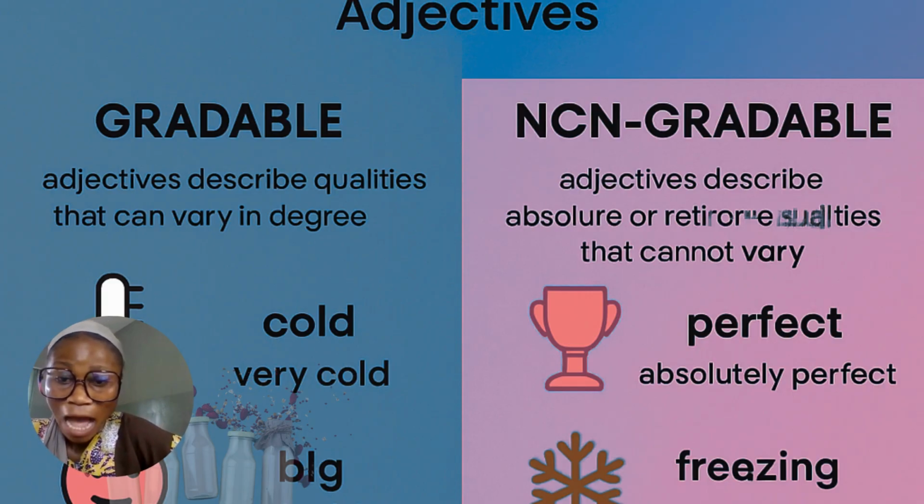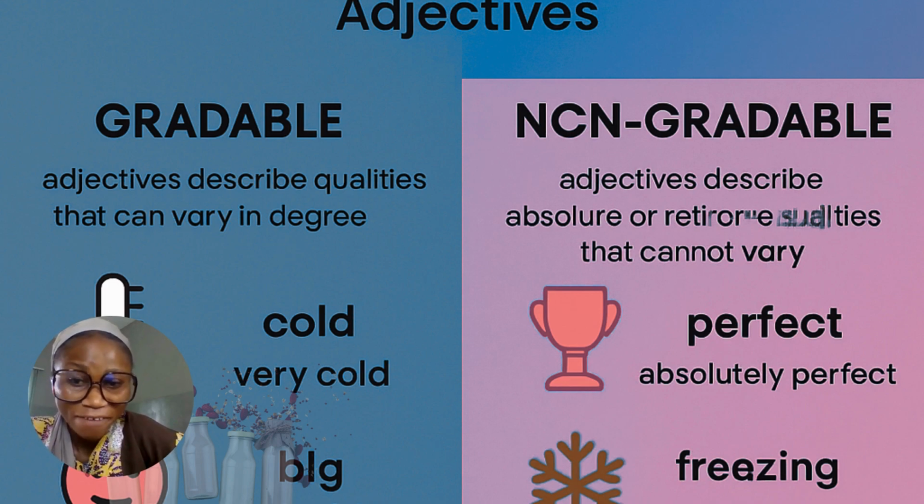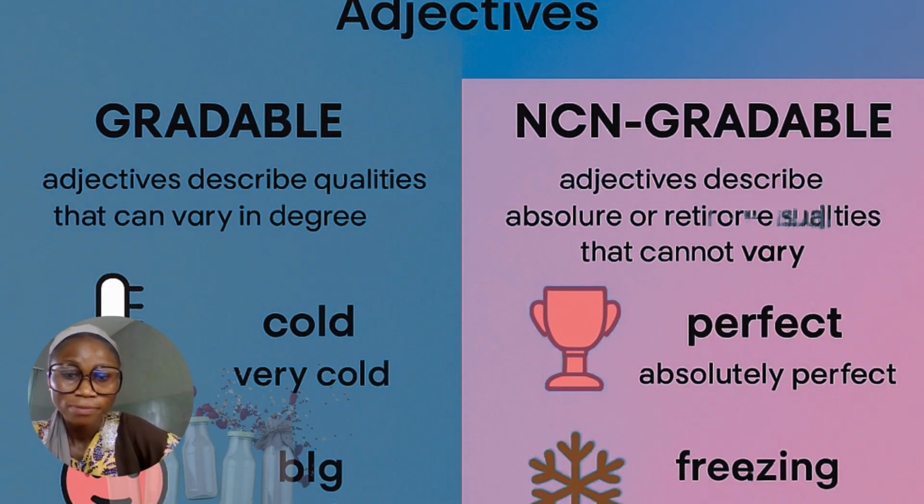They can only take adverbs like absolutely, completely, and so on. Example: we can't say very, very, very perfect. We can only say absolutely perfect. We can't say very dead. We can say absolutely dead or almost dead, and so on.